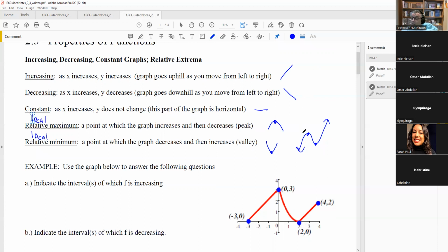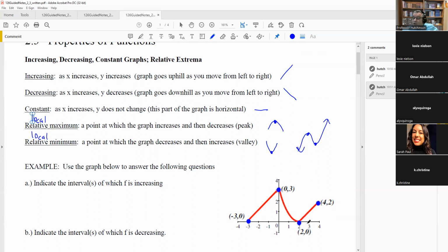And in this class, we're saying that it's only going to be a relative max if you have an increasing and a decreasing part that comes after it. You have to have both pieces. So if you look at this graph down below here, where I've got these points labeled, this point down below here, this 4, 2, that's not going to be considered a relative max in that case. The reason why is because I don't have a decreasing part that comes after it. So in this case, the relative max is going to occur only at the point 0, 3.